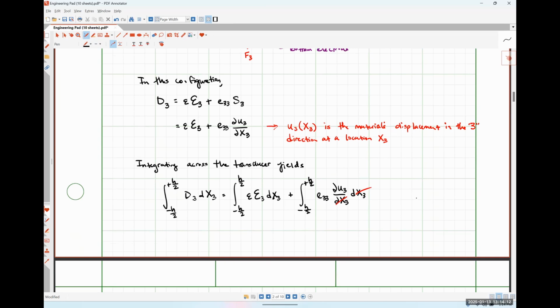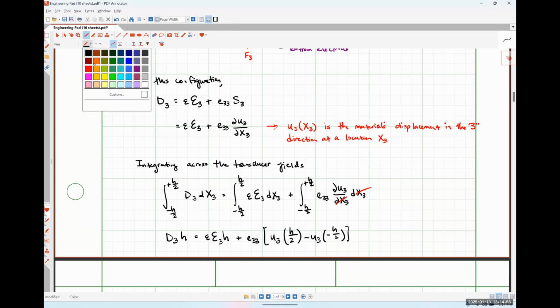And so what this effectively gives me is D3 times the total height is equal to epsilon E3 h. All of those things are effectively constants, plus E33, and then we'll have, sorry, I keep writing mu instead of u, the displacement at h/2 minus the displacement at negative h/2.